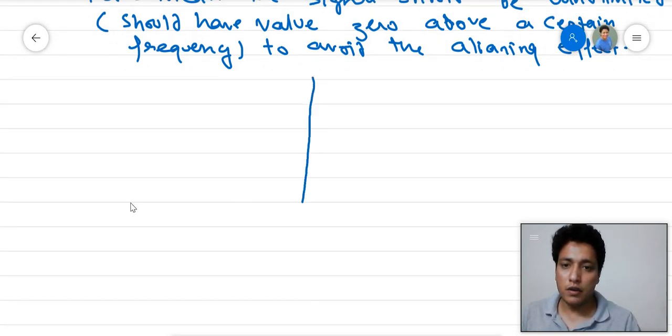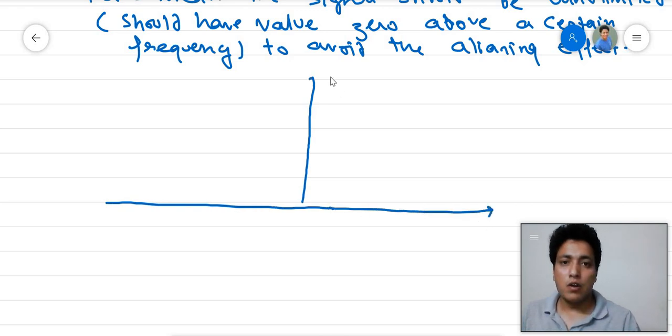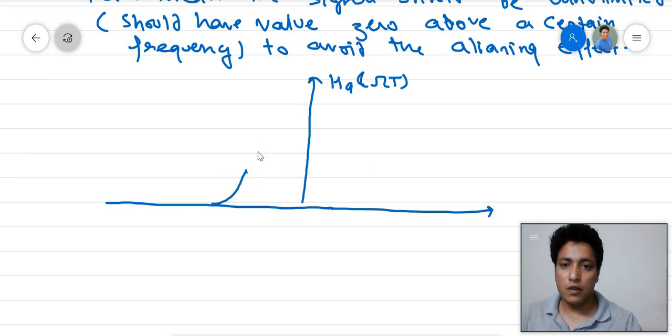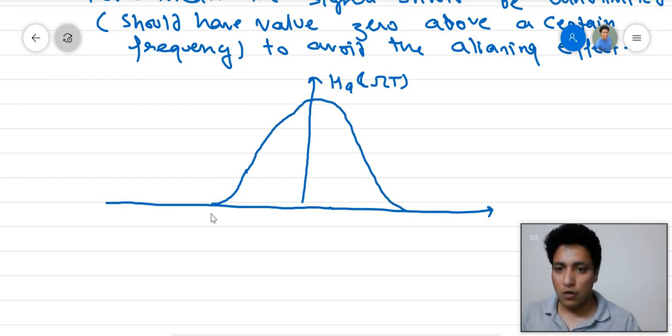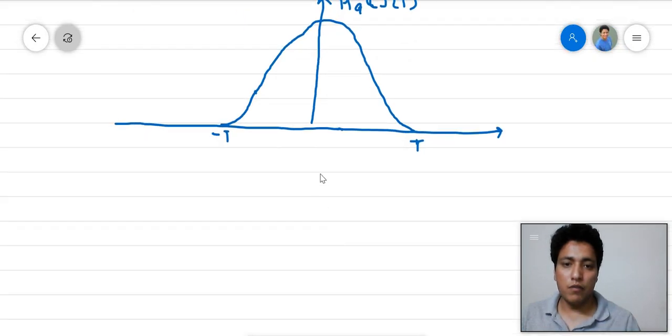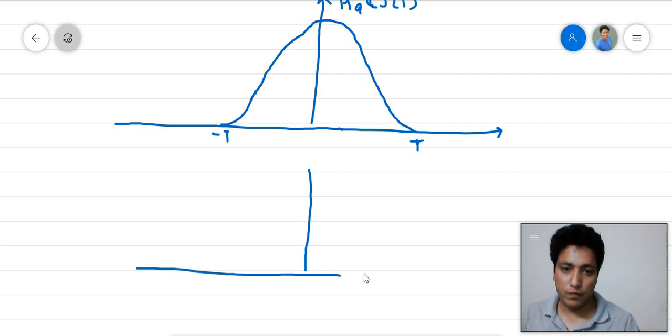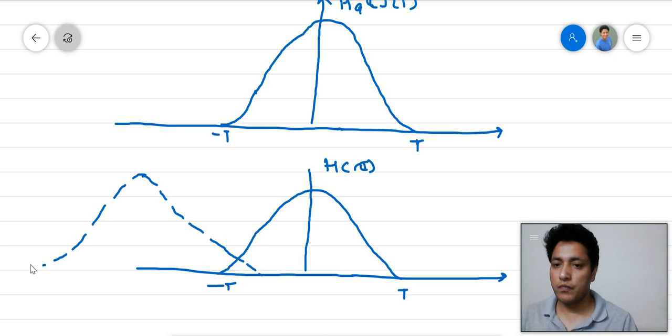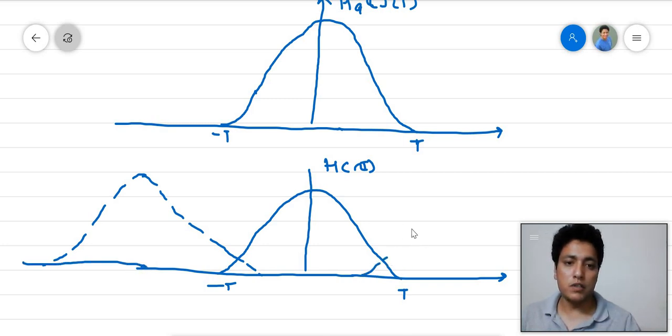So, what is the case? If we see in the analog domain, magnitude of H(s), or we can say H(j omega T), is like this, going from minus pi by T to pi by T. Now, if we move to the digital domain, it will be like this, and then there is another periodic signal which will come again, and another periodic signal at this side also.